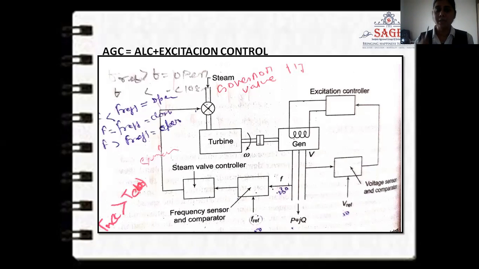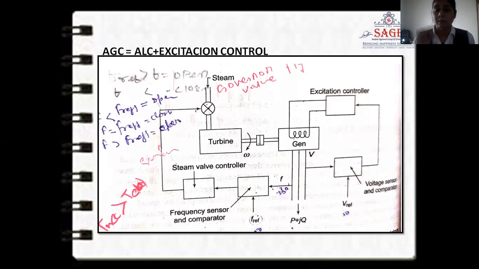First condition, if the generated frequency is less than the reference frequency, in this case the steam valve will open and keep working continuously. Second condition, if the reference frequency and generated frequency are equal, at that time the steam valve is closed.